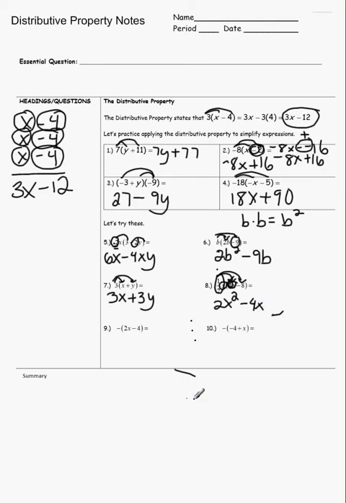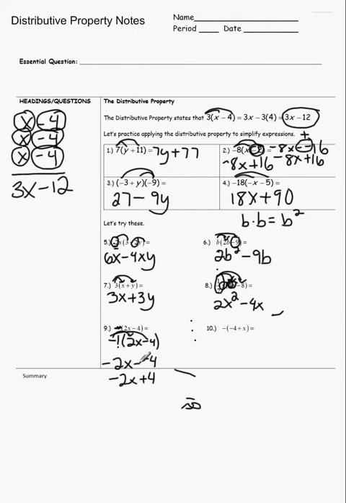For number 9, we have this negative here. This negative we can view as a -1. So we say -1 times 2x minus 4. So we need to distribute that -1 through. So -1 times 2x is -2x. And -1 times, again, we could either say 4, bring the minus down. -1 times 4 is -4. And again, a minus a negative is a positive.